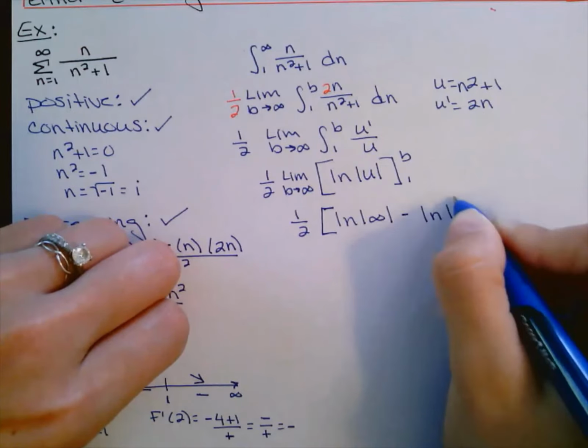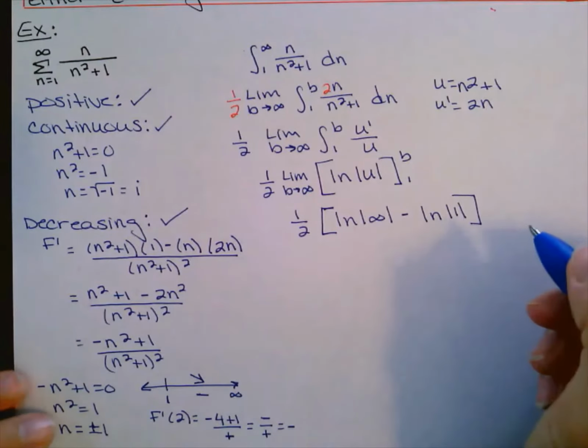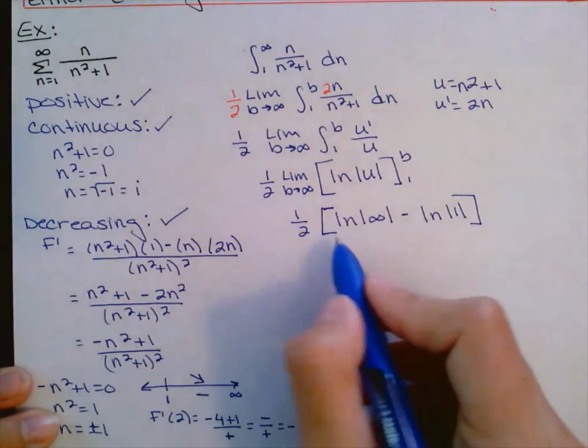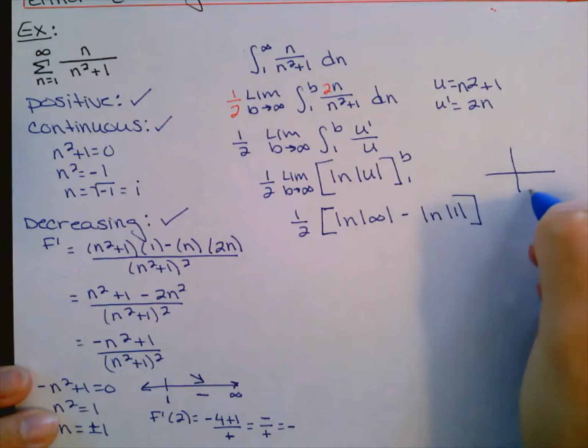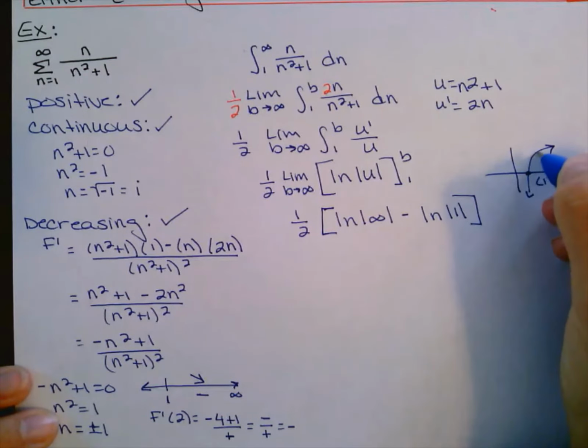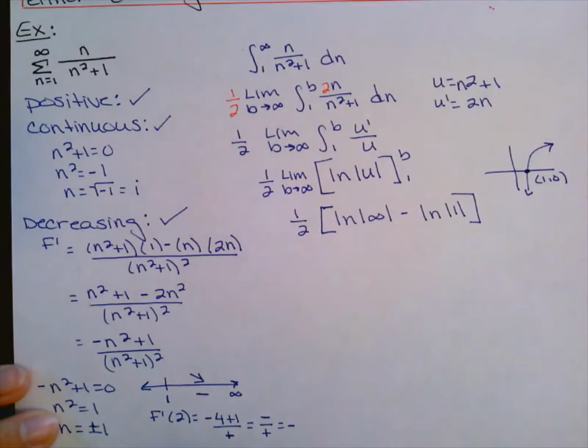Now technically we don't need those absolute values because infinity and 1 are both positive, okay? And I know that if I think of the graph, an ln graph goes like this, where this right here is 1, 0, and as I shoot to infinity, I can see this is going to go on to infinity. That might help you answer these if you don't have it memorized.